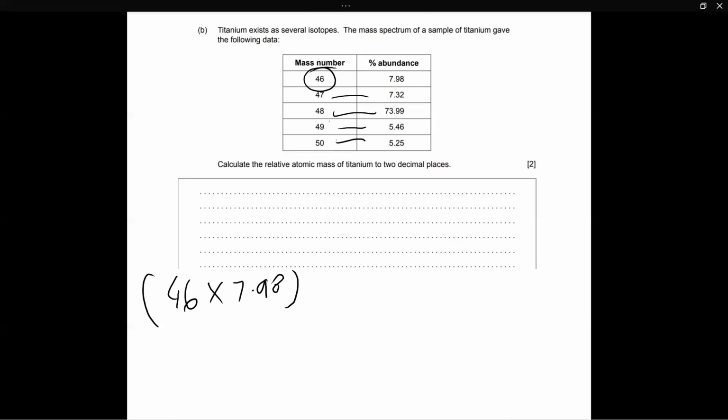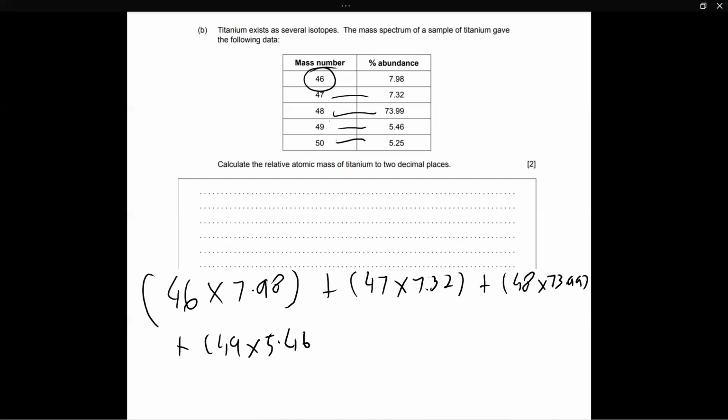So 46 times 7.98, plus 47 times 7.32, plus 48 times 73.99, plus 49 times 5.46, plus 50 times 5.25.